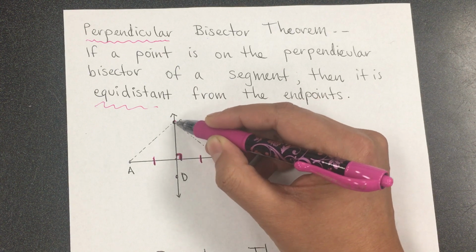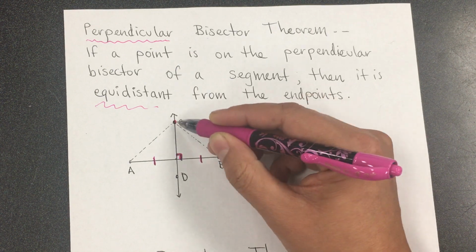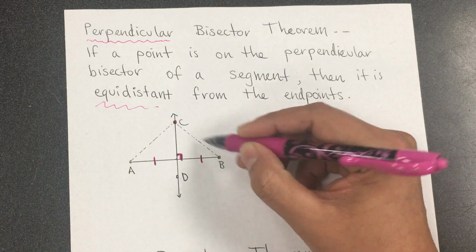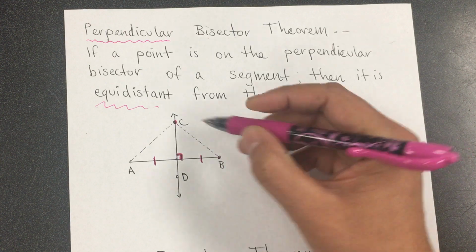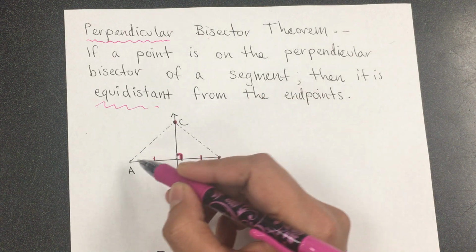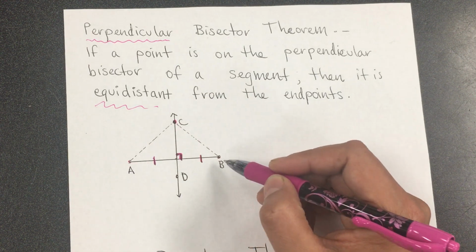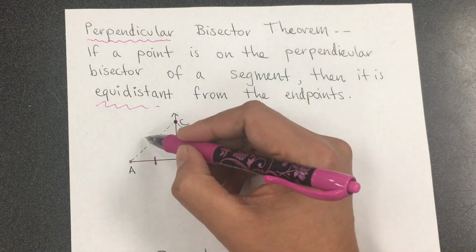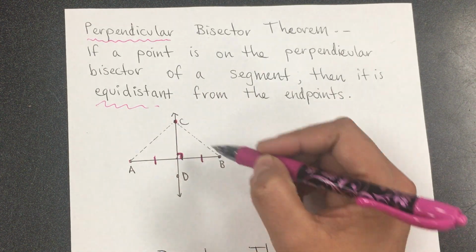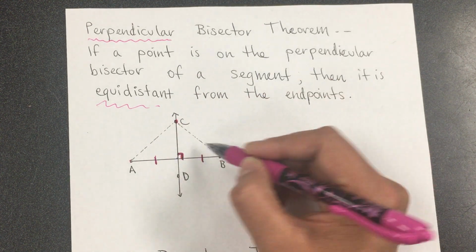That means that if I'm at point C, it is the same distance to go to B, and from point C it is the same distance to go to A, okay? So you can choose to go to A or B, it is the same distance. So if this is 10, this is going to be 10. If this is 20, this is going to be 20, okay?